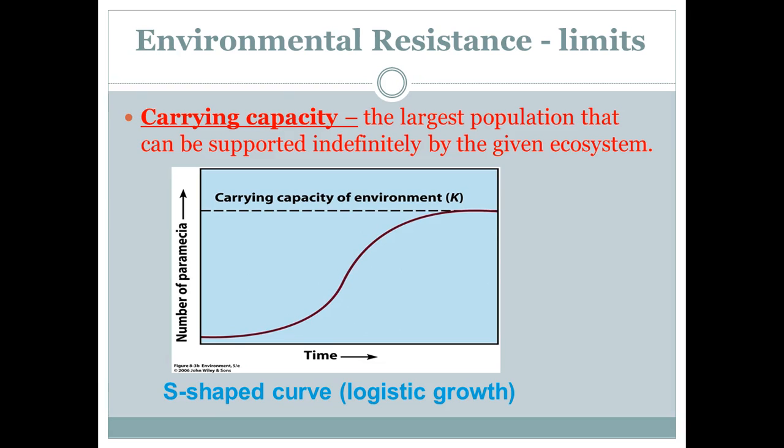But as it gets closer to that carrying capacity, we're starting to see some influence from at least one limiting factor. And in environments, there can be many limiting factors. You just have to figure out which one is the most limited sometimes.